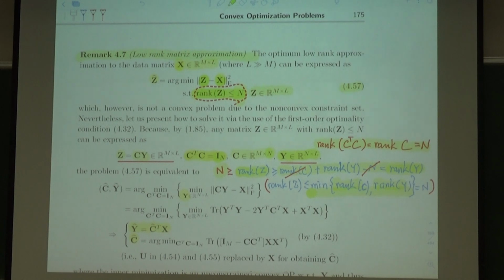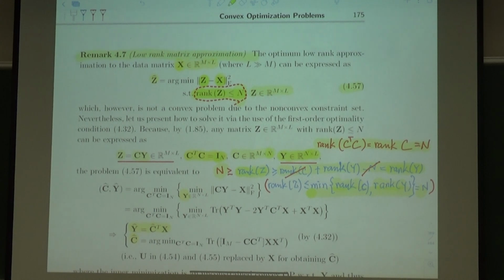This is also less than or equal to N. So it is N, because for an N times N matrix, its rank is less than both, and it goes to the minimum.